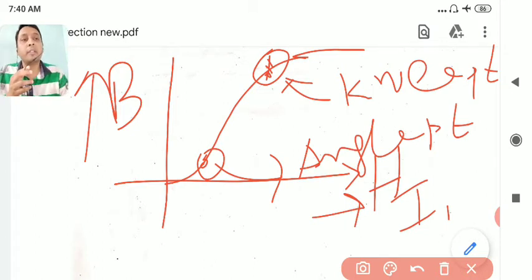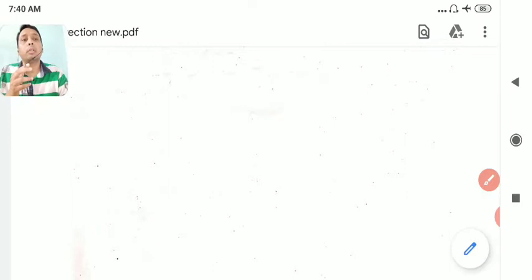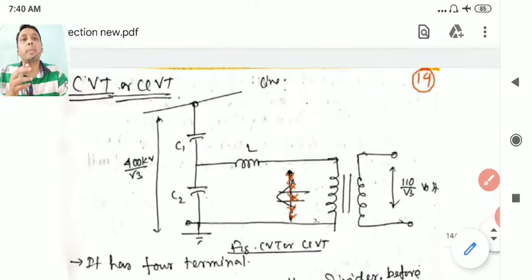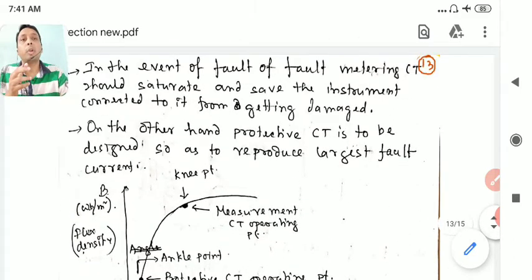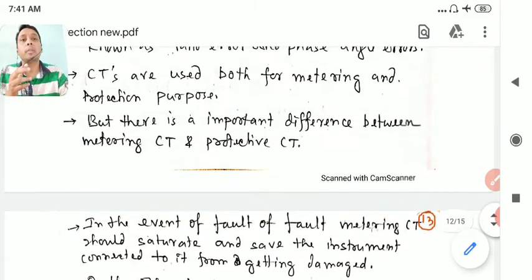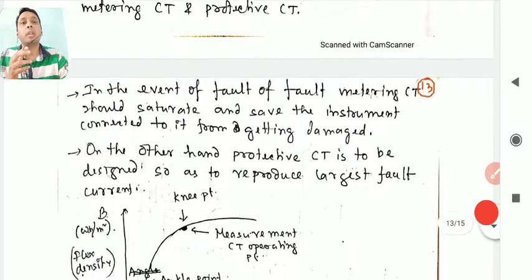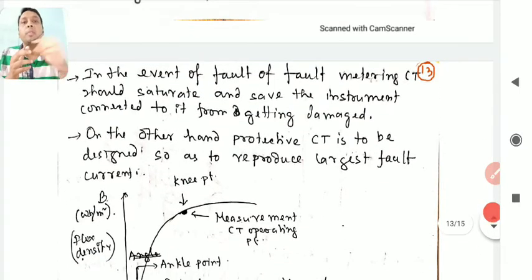So what is the difference between measurement CT and your protection CT? In case of measurement CT, what is desirable is that whatever normal current flows, it should indicate in my meter, ammeter.